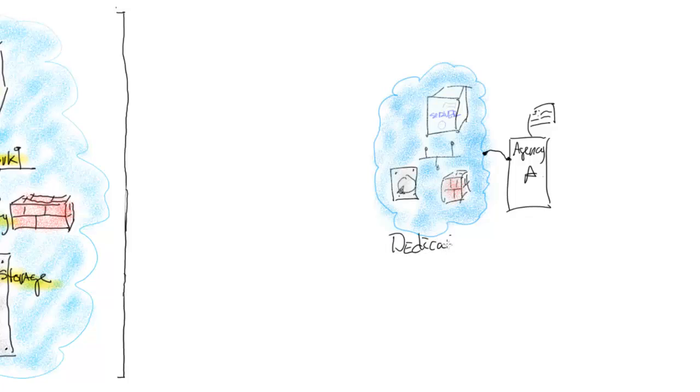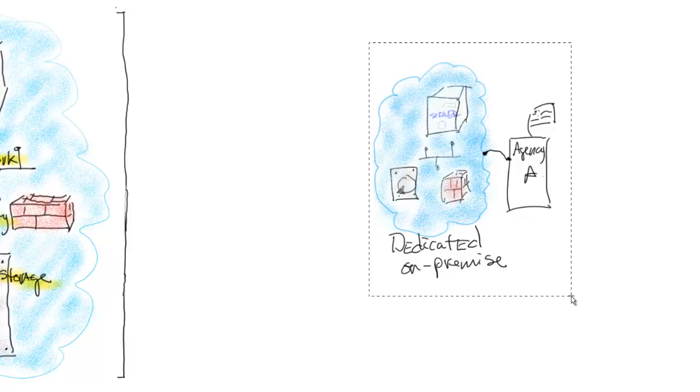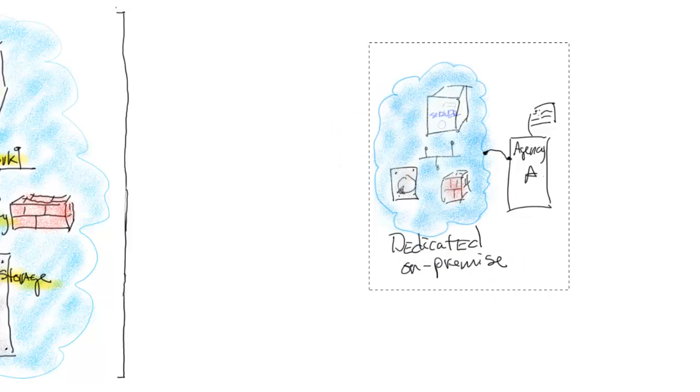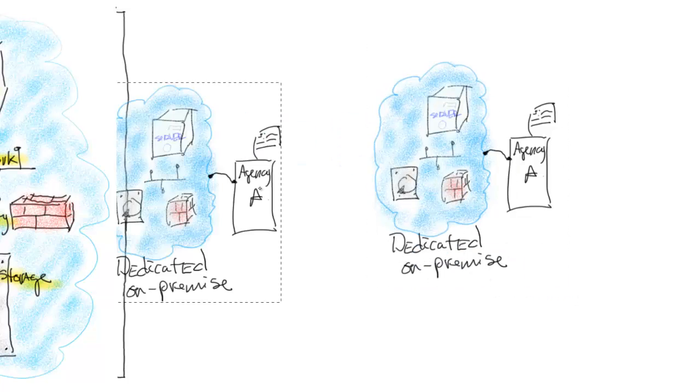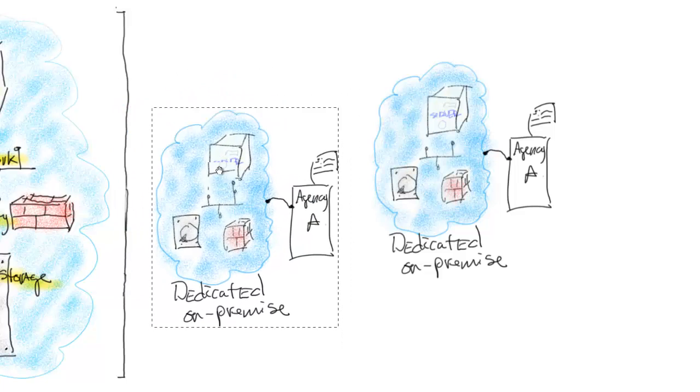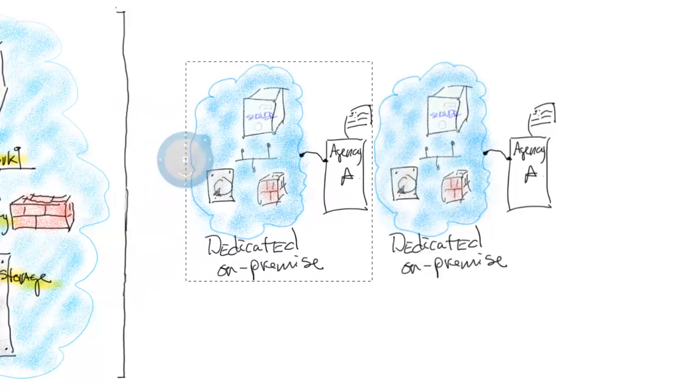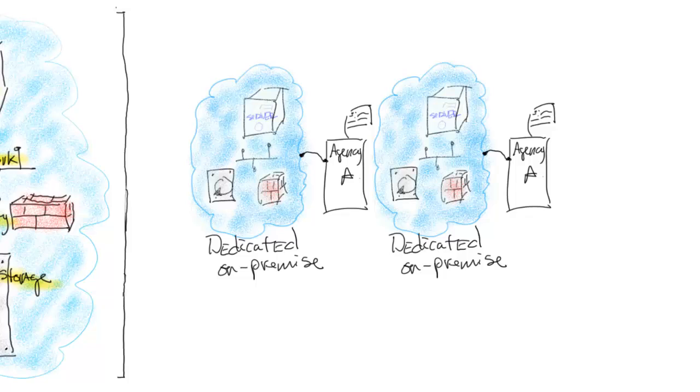All of its components are isolated to that user. Now that user, that agency, could share that information with other agencies, right? They could become a multi-tenant provider themselves if they wanted to. This could be a dedicated cloud, and they could offer out multi-tenant services to other clouds, certainly possible. But this, as we draw it here, is dedicated on-premise on the right.